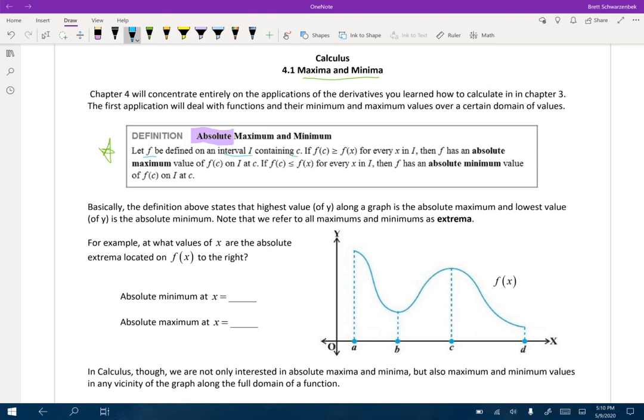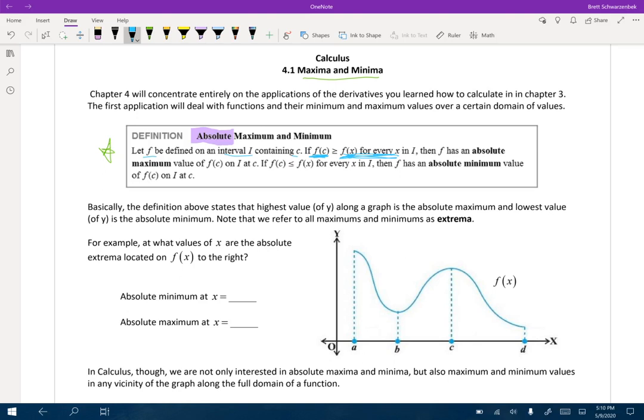If the y value for that point c is bigger than all the y values on that interval, then it's going to be considered an absolute maximum on the graph. That makes sense. An absolute maximum refers to the highest value of y that the graph will take, and therefore the highest point on the graph.